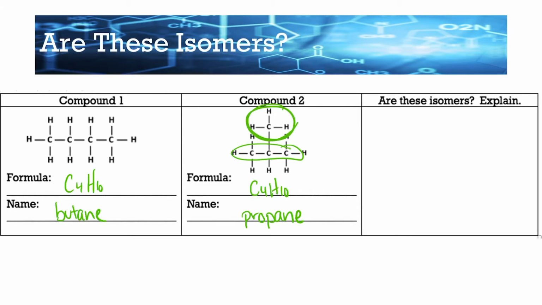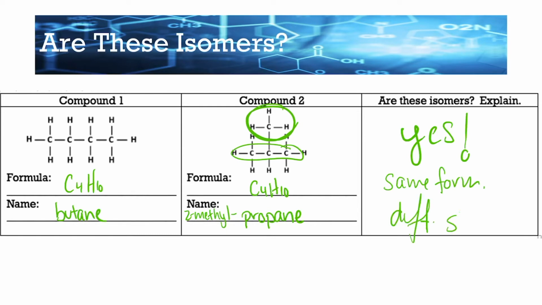And we have this branch, so this makes it 2-methylpropane. So this is what I was talking about before, where you have the same chemical formula, so the same pieces, but different names. So are these isomers? The answer is yes. They have the same formula, but different structures.